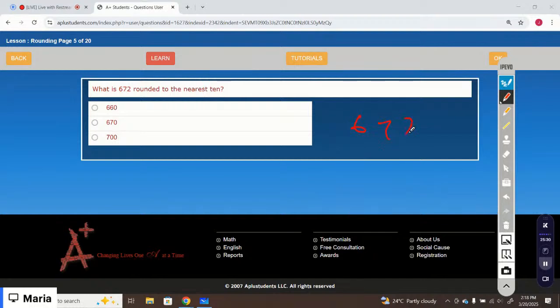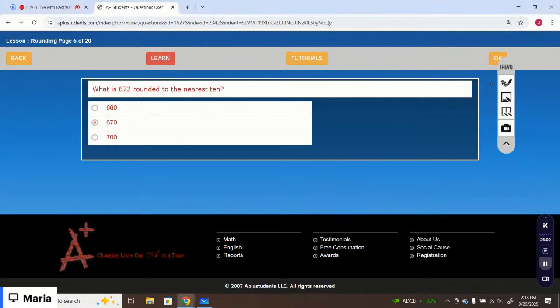So you have to round the tens digit. 7 is the digit at the tens position. On the right hand side of the 7, you have 2. 2 is less than 5, so you need to round down to the same 10. It would be rounded to 670. Read the question or listen to the question carefully. You need to round to the nearest 10. Option number 2 is the correct option, that is 670.